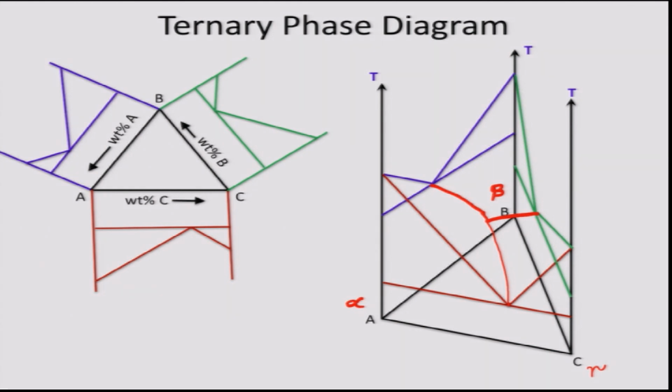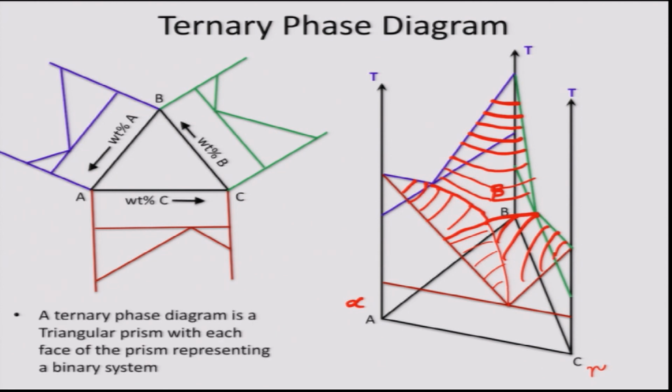If I mark the isothermal sections on these liquidus surfaces, so this is how the ternary phase diagram ABC would look from the top. So, basically a ternary phase diagram is a triangular prism with each face of the prism representing a binary system.